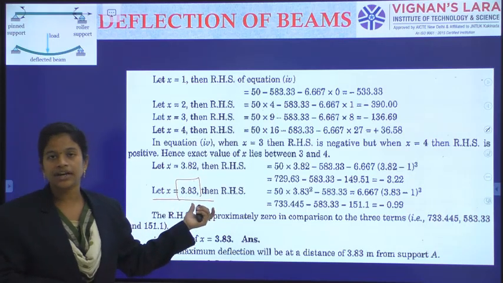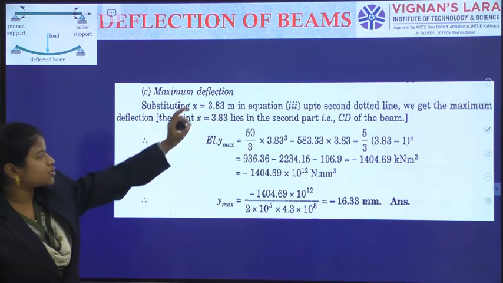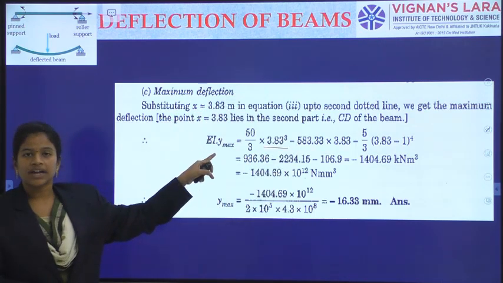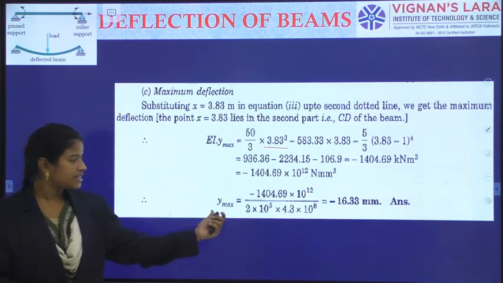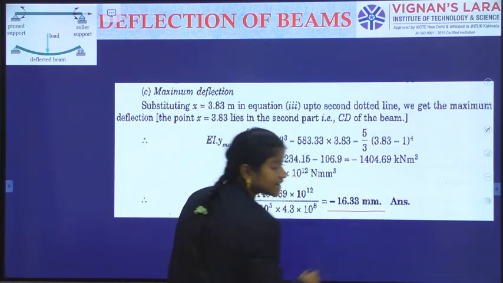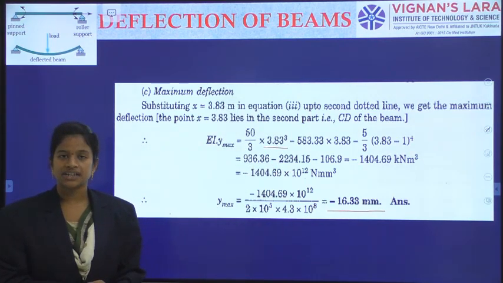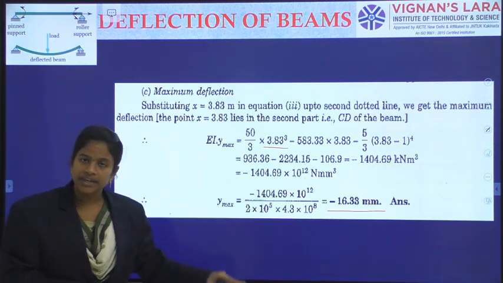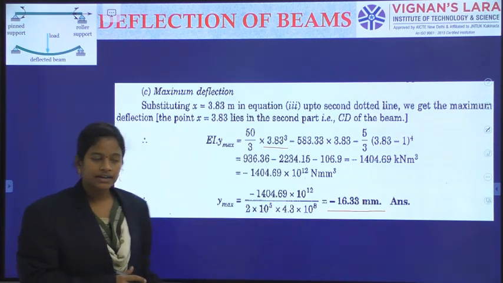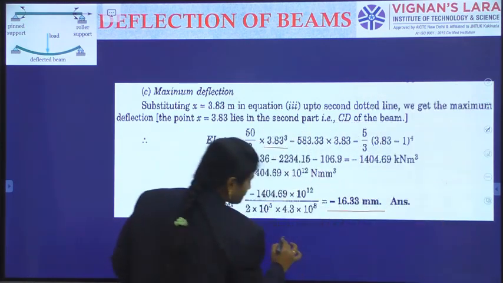At this 3.83, I am again calculating the corresponding deflection. Substituting the 3.83 answer in the equation, you can evaluate y maximum. So this y maximum is equal to the corresponding output, but in the negative condition. Why it is in the negative condition? In the previous step also we have mentioned, as the deflection is going in the downward direction, so the negative will be coming, but negative indication is not anything.